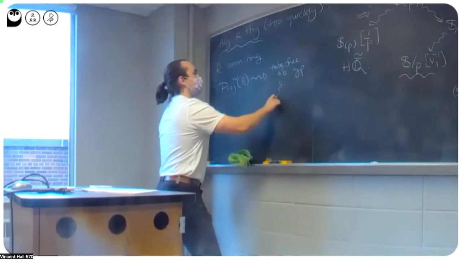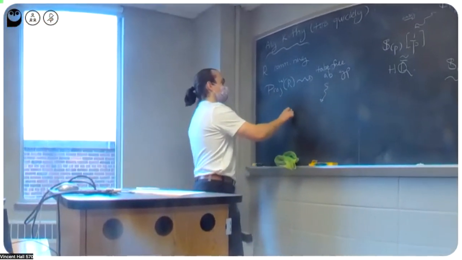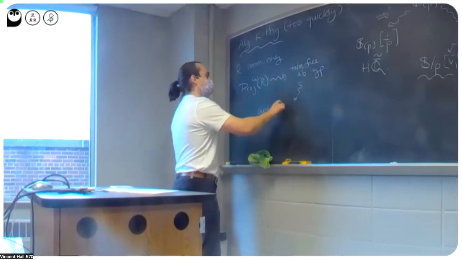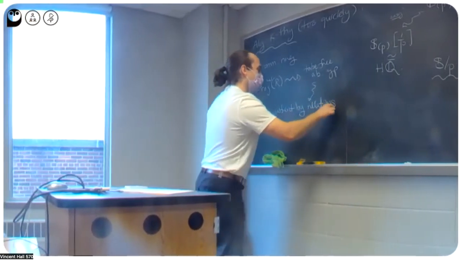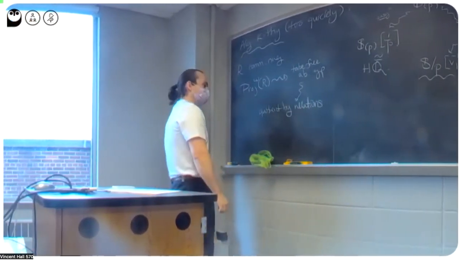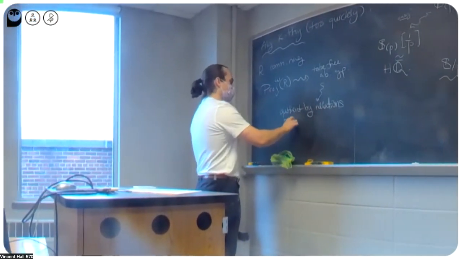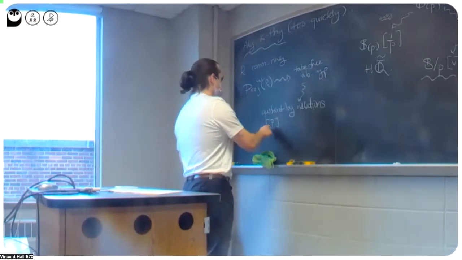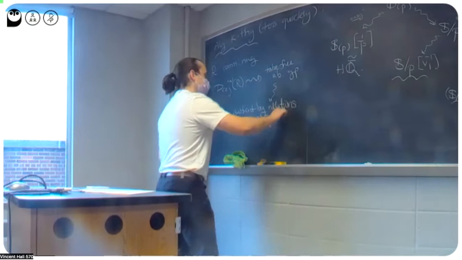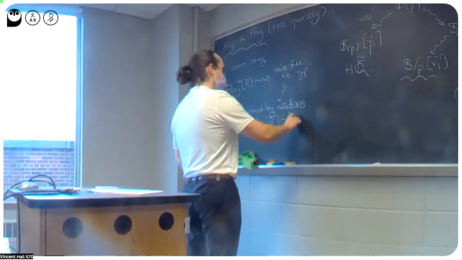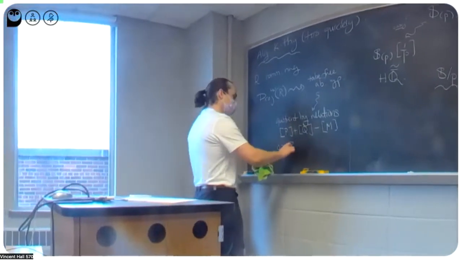And then you can mod out by the following relations. So quotient by relations of the form P plus Q minus M, if there's a short exact sequence which looks like this.